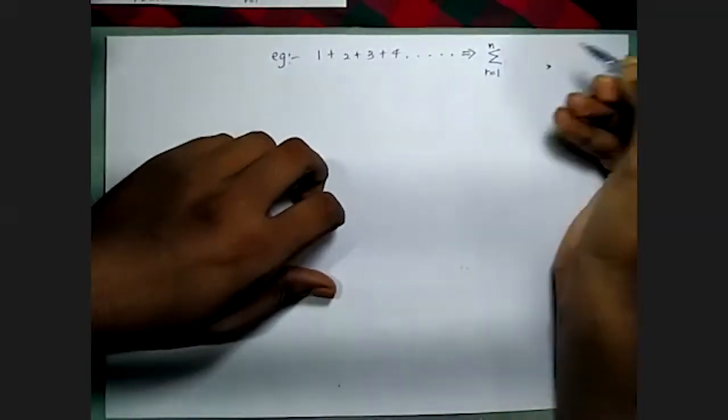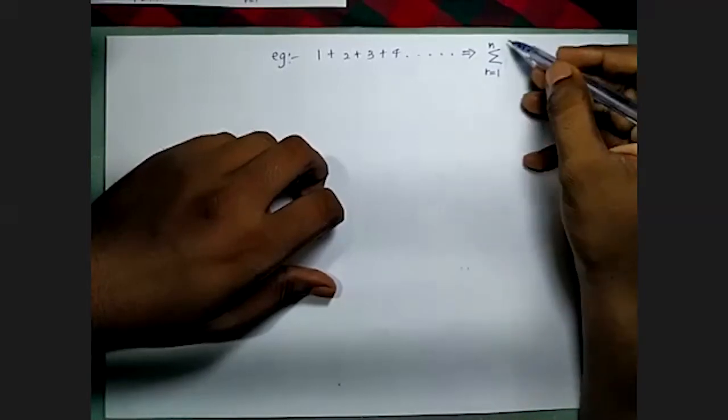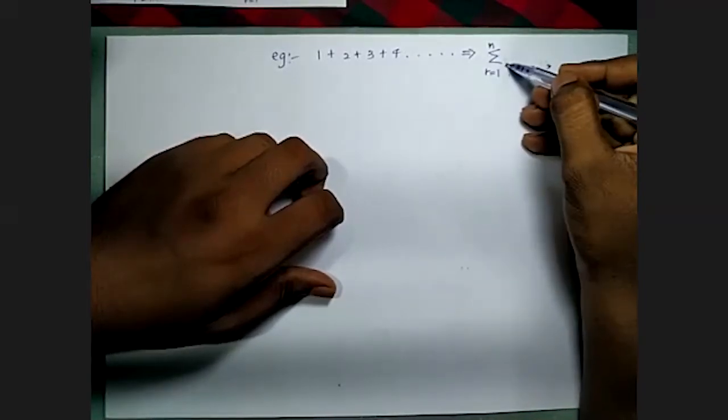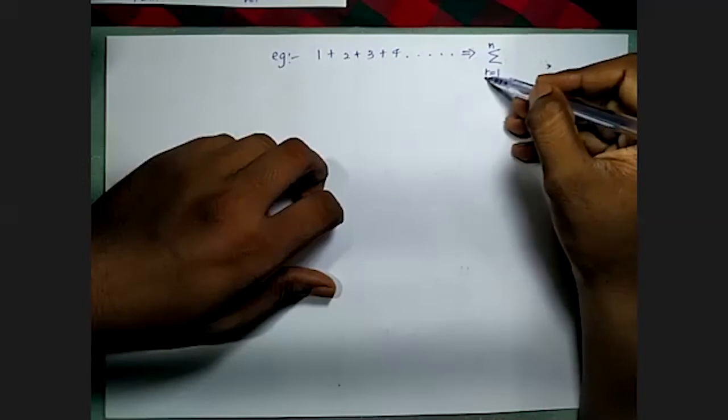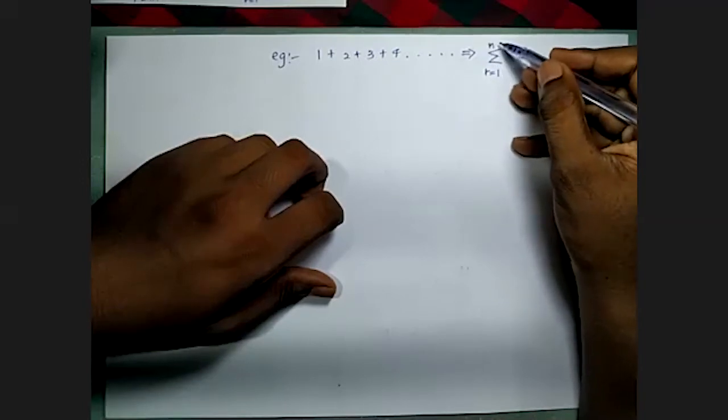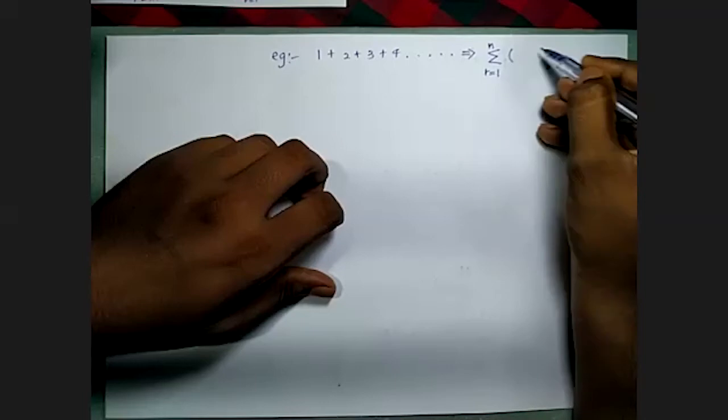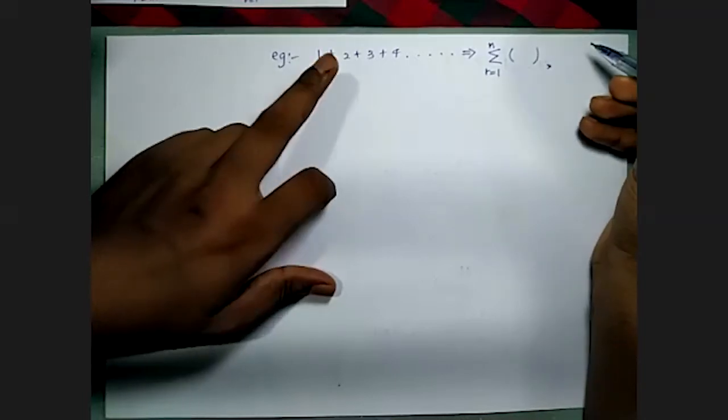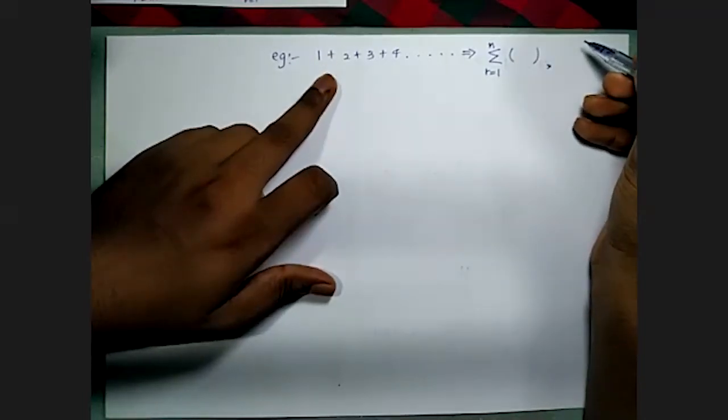Then the starting term is 1, so we have to put r equals 1. The meaning is sum of terms, sigma from the first term to the nth term. Then you have to write the general term. Now what is the general term for this particular series? It is just r.